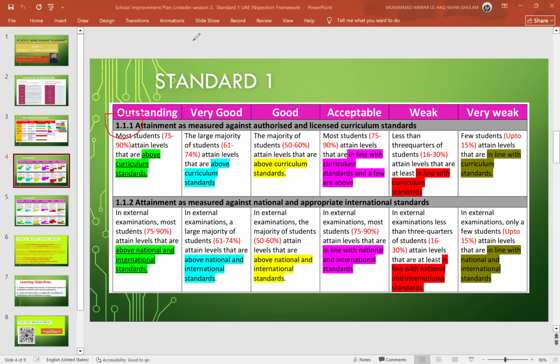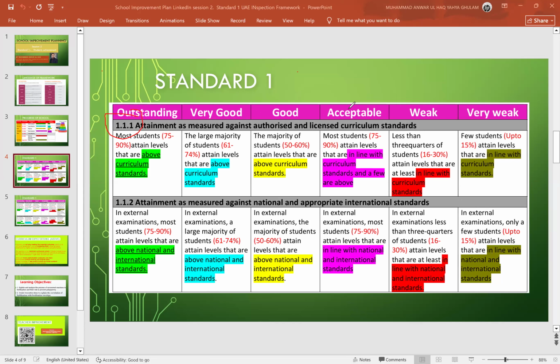Whether you are an American curriculum school, a British curriculum school, or you belong to CBSE or FBISE, Pakistani or Indian curriculum schools, we have to remember how we are going to deal with attainment measured against authorized and licensed curriculum standards.